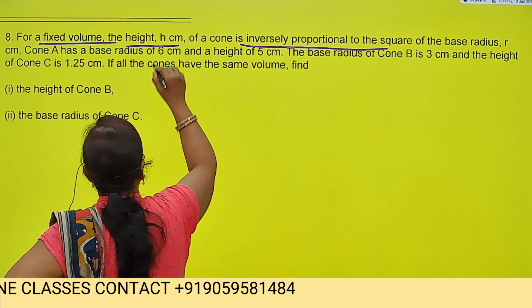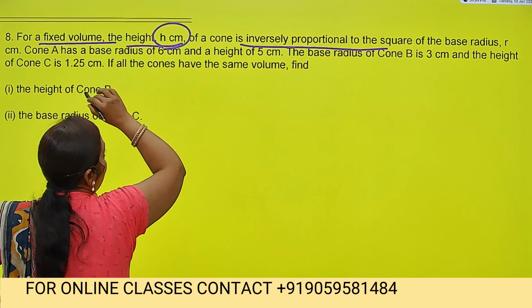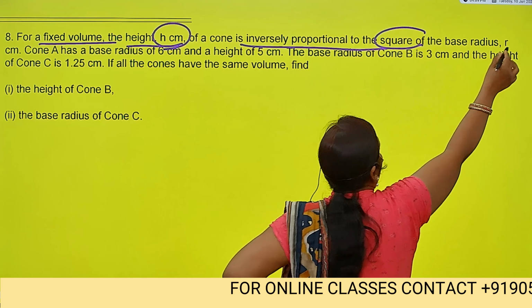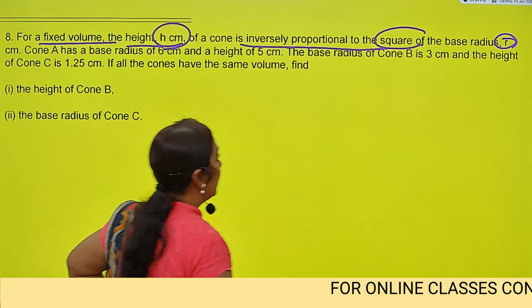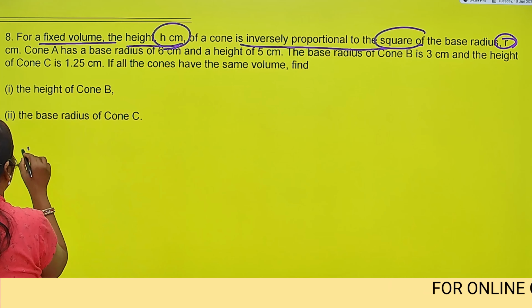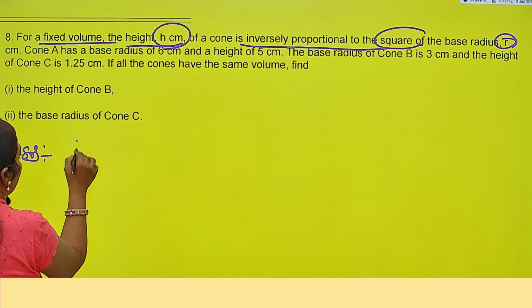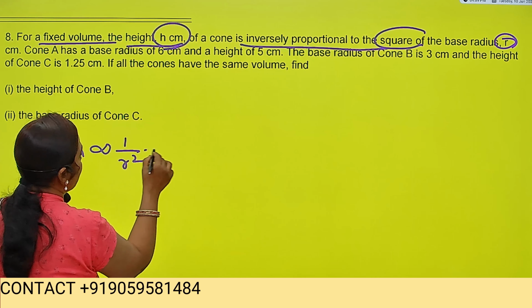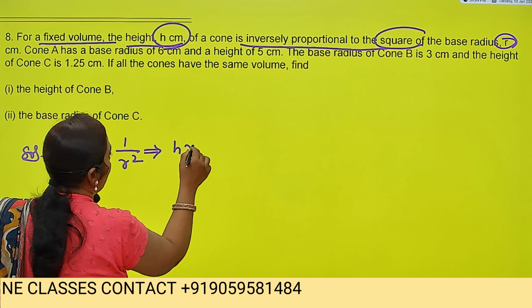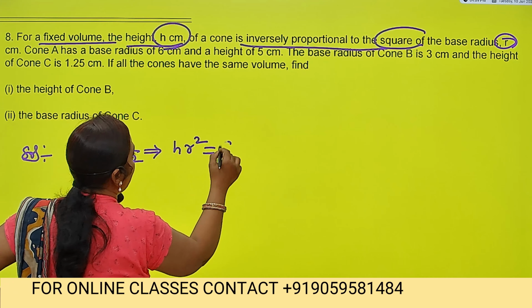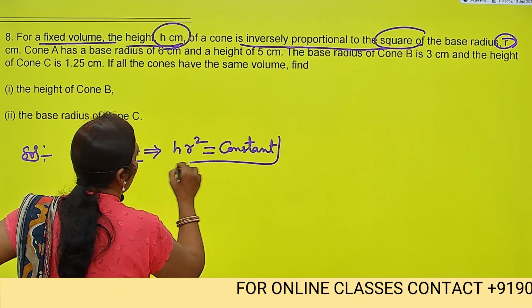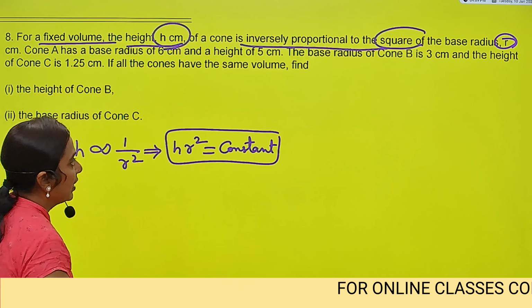Here what is the relation? Height is inversely proportional to the square of its radius. From that, height times radius square is equal to a constant. That is the relation of the height and radius.